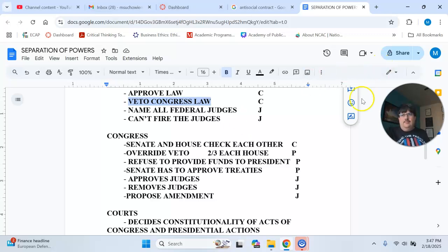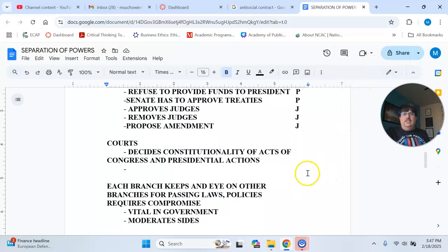Now, the courts. The main task of the courts is to decide, like I said before, whether something is constitutional or not. They can do that with laws, and they can do that with executive orders. So an executive order, which causes the government to function in a certain way, can also be declared unconstitutional. As an example, and it's an extreme example, let's just go with it to prove a point.